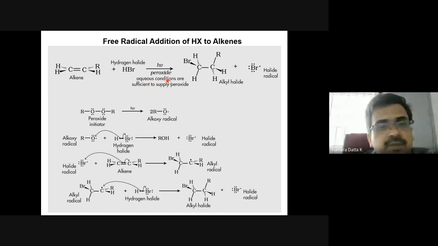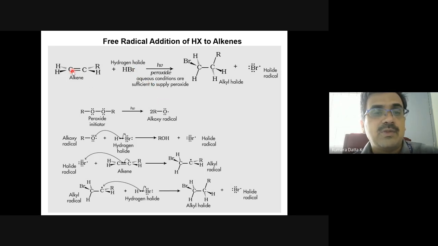Same way, if you take peroxide and a double bonded system like an alkene and you want to add a hydrogen halide, you take peroxide species and shine light, and then you take hydrogen halide along with alkene. Then what happens?